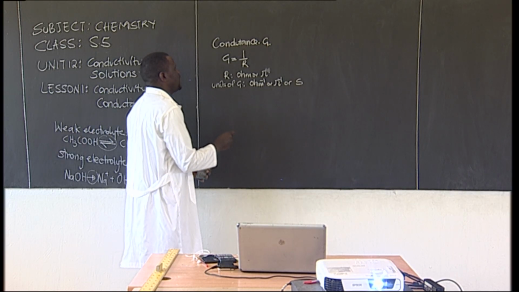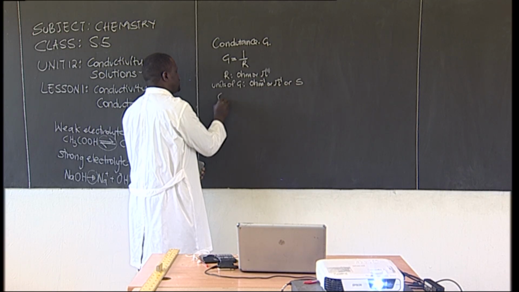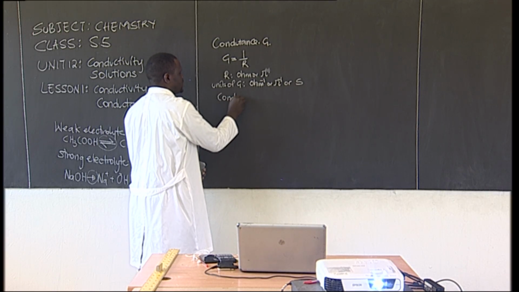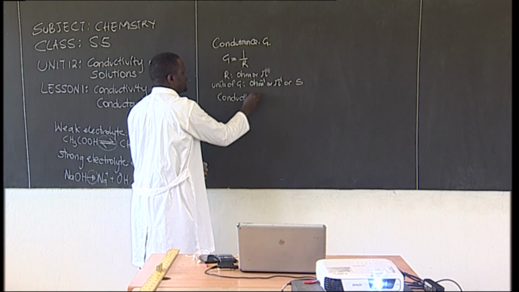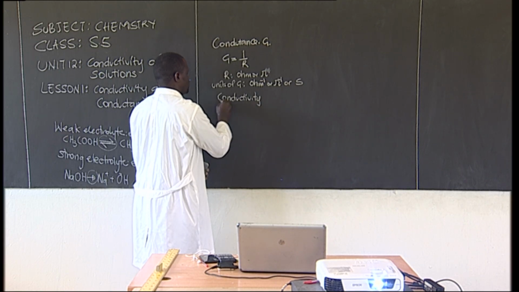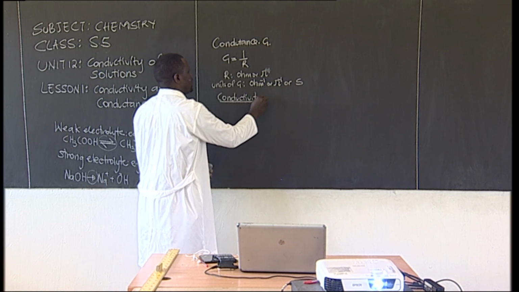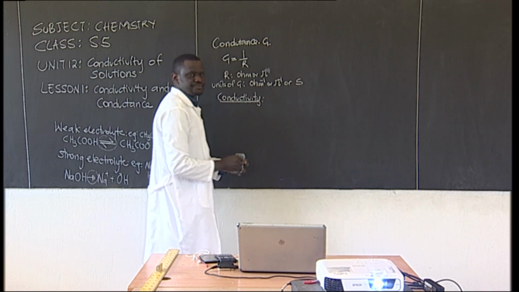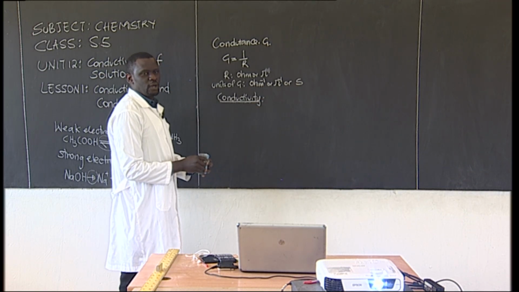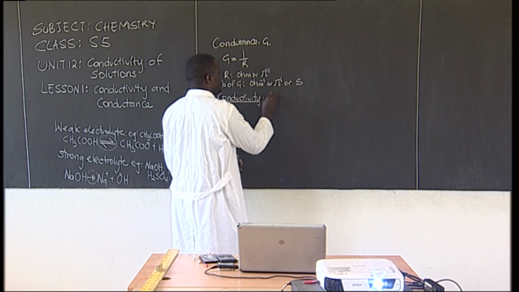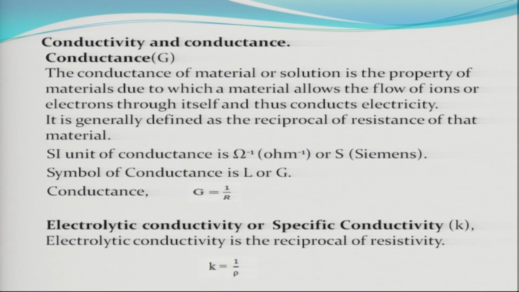So then we have also conductivity. Someone may ask what's the difference between conductance and conductivity. So conductivity, if you look at your screen, we are going to give conductivity a symbol of K. Sometimes we call it kappa, coming from another language, Greek or Latin.